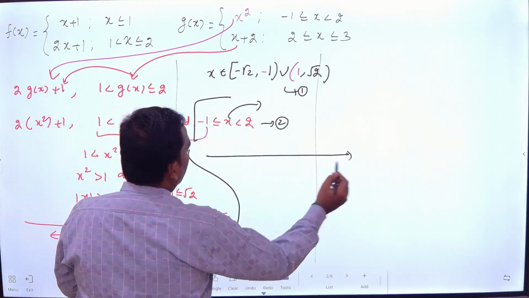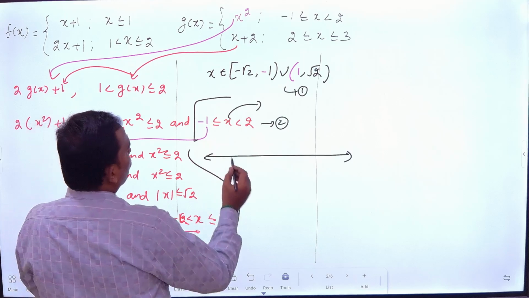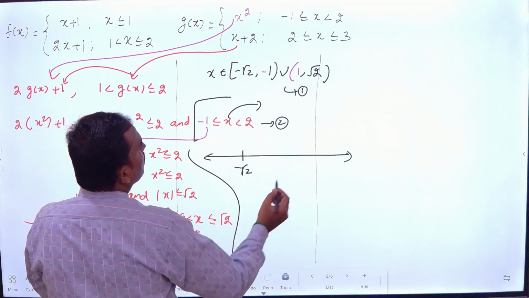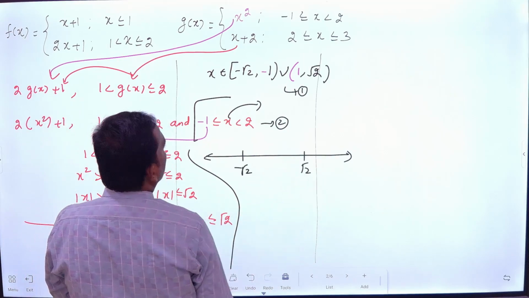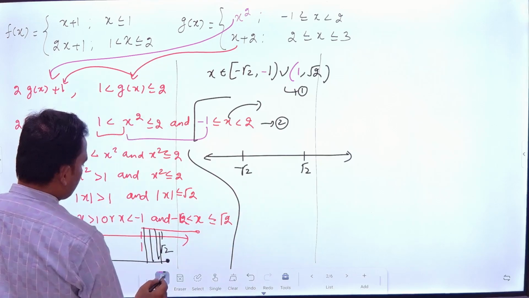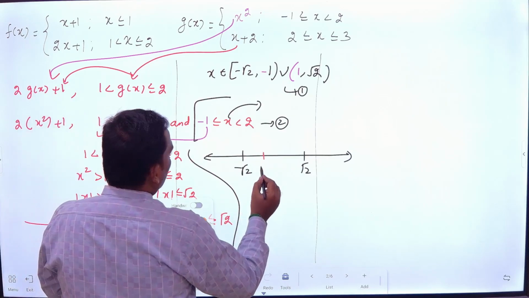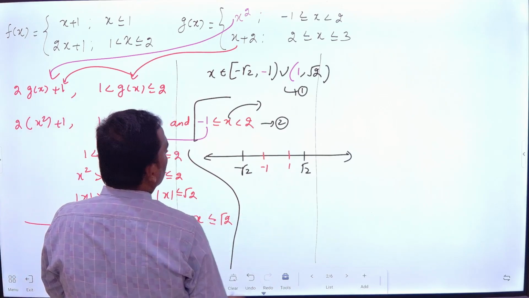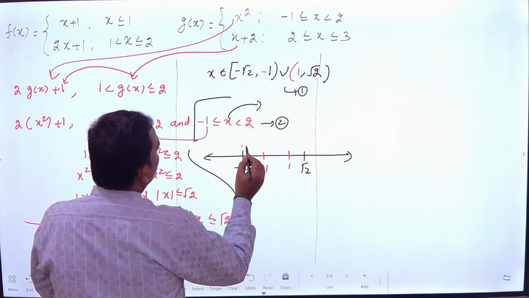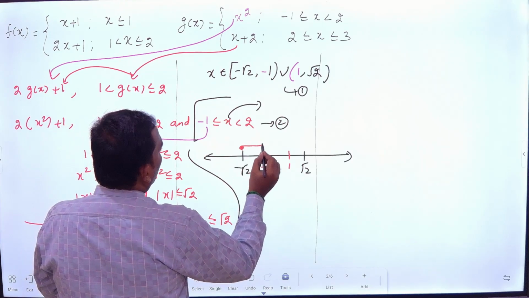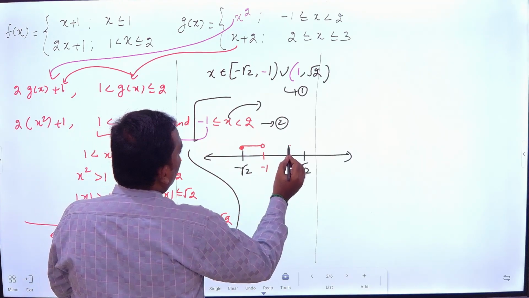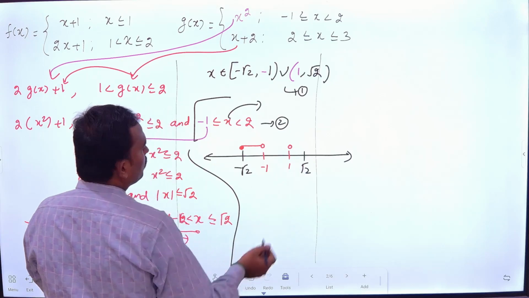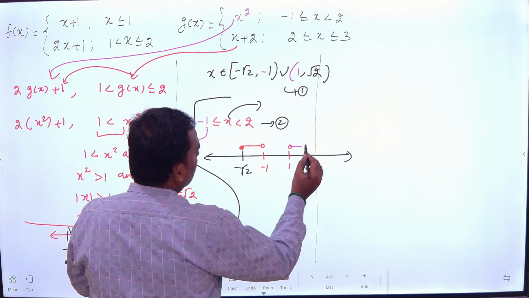Okay, let's draw the diagram. So first one is minus square root of 2. This is plus square root of 2. Then here is minus 1. This is plus 1. Okay, so minus square root 2 to 1 open interval, 1 to square root of 2, right?